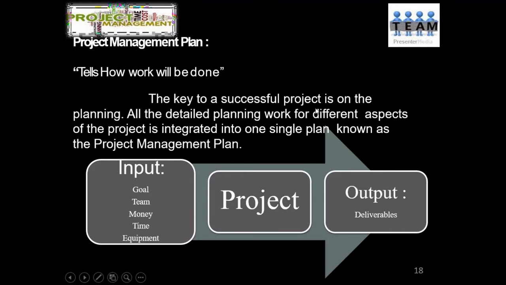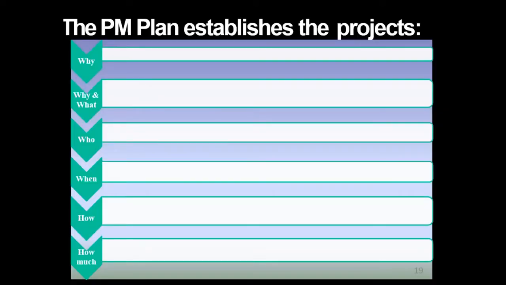So the key to a successful project is planning. All the detailed planning work for different aspects of the project is integrated in a single plan known as the project management plan. So planning is very important in project management. So what is established by planning?